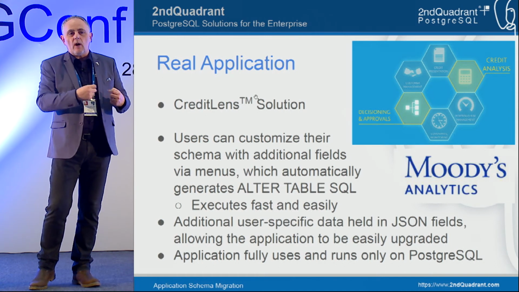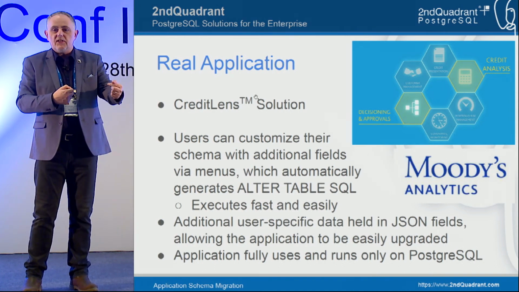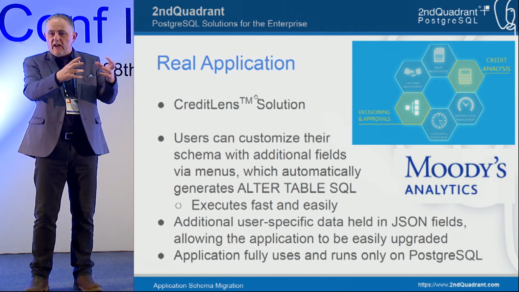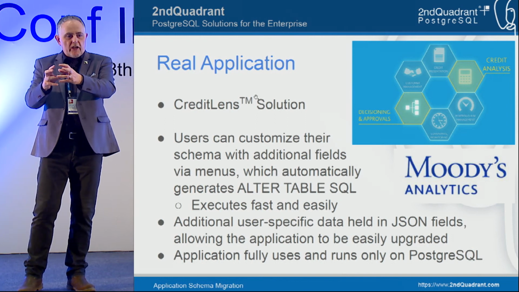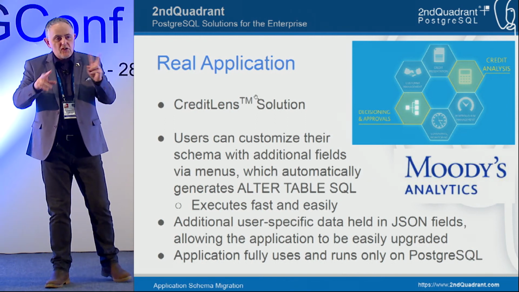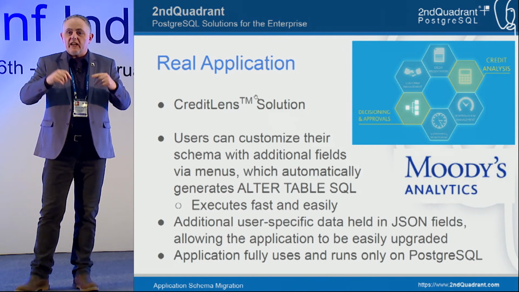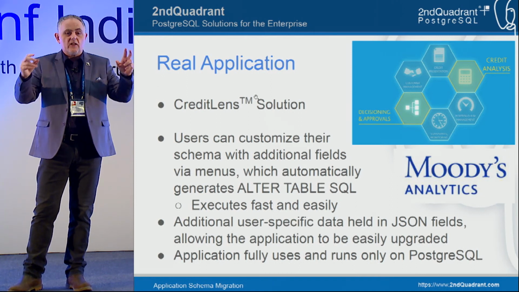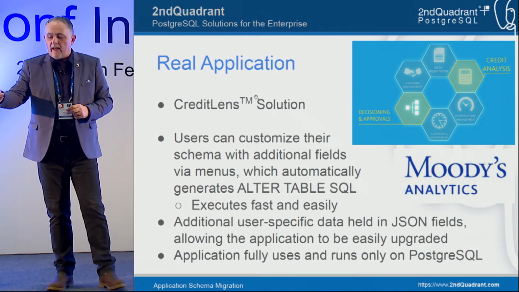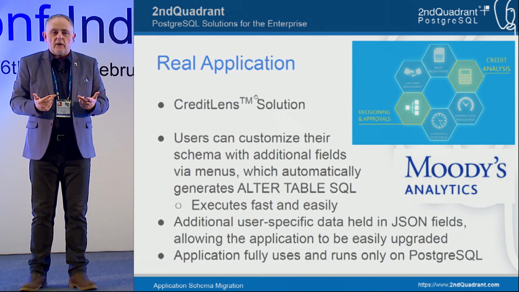But when it comes to upgrading the application in place, that's also easy to do because all of the configuration data is held in one place within the JSON, okay? So that's two examples of how within one application we can actually use the modern features of PostgreSQL to great advantage. And what that means is that CreditLens only runs on PostgreSQL.